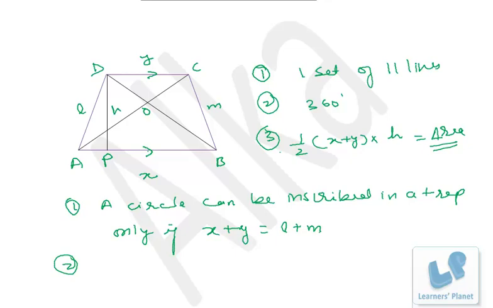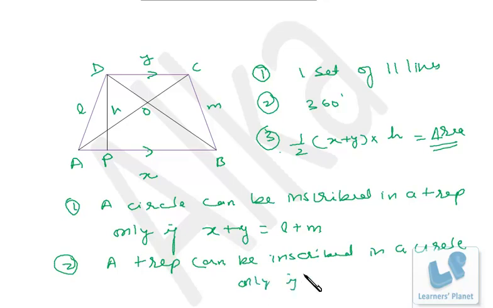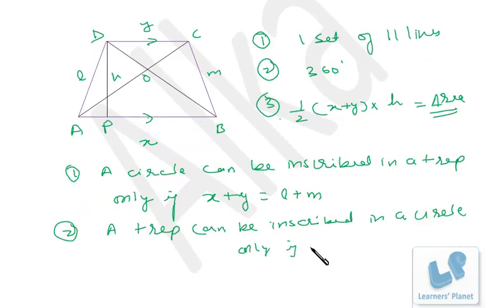Second thing, a trapezium can be inscribed in a circle only if it is isosceles, right?